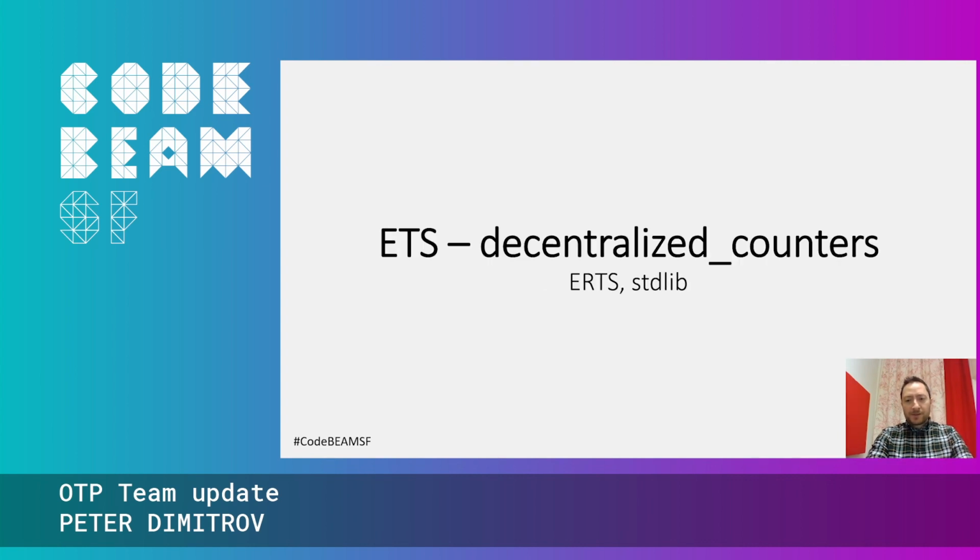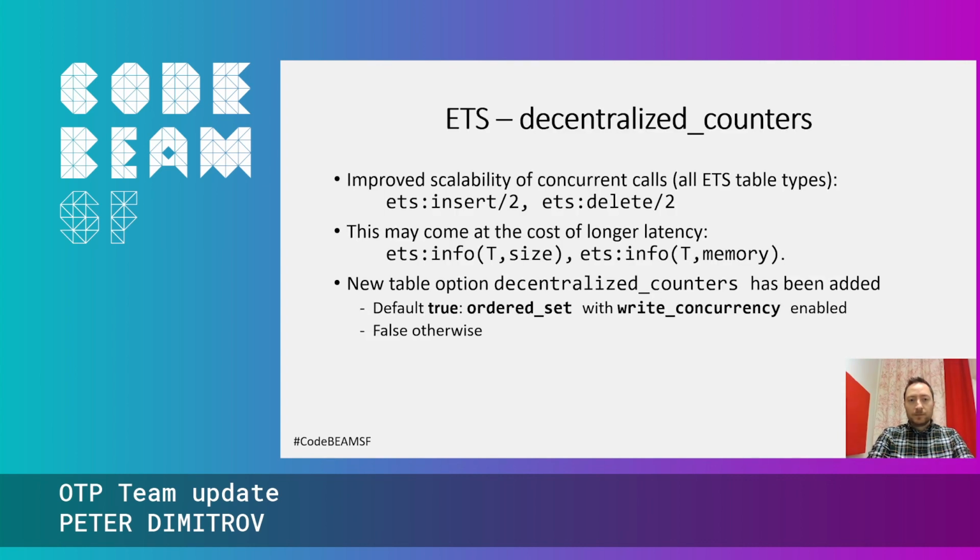Now, decentralized counters. We have improved scalability of concurrent calls that change the size of a table, like ets:insert and ets:delete. This is for all table types. The improved scalability may come at a cost of longer latency of function calls such as ets:info.